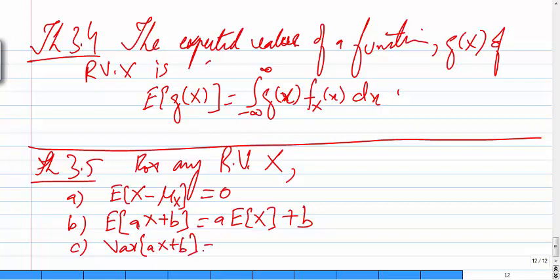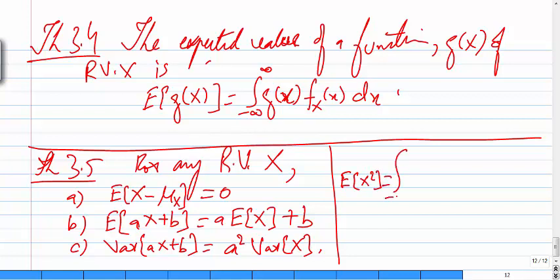You know that variance does not follow linearity, so it becomes a squared times the variance of X. With these theorems, one thing we must know is that the expected value of X squared, the second moment, is the integral from minus infinity to infinity of x squared f_X(x) dx.